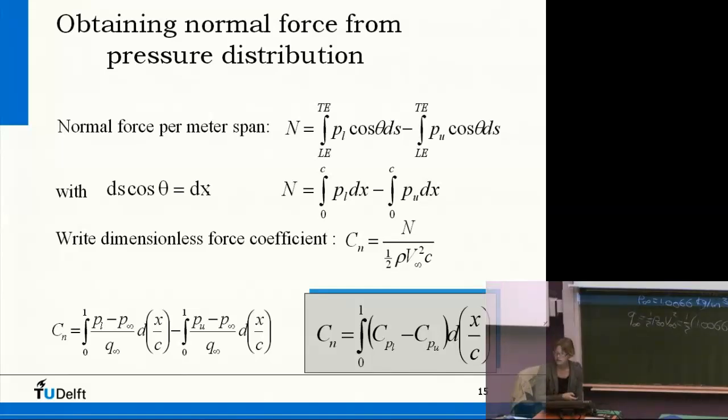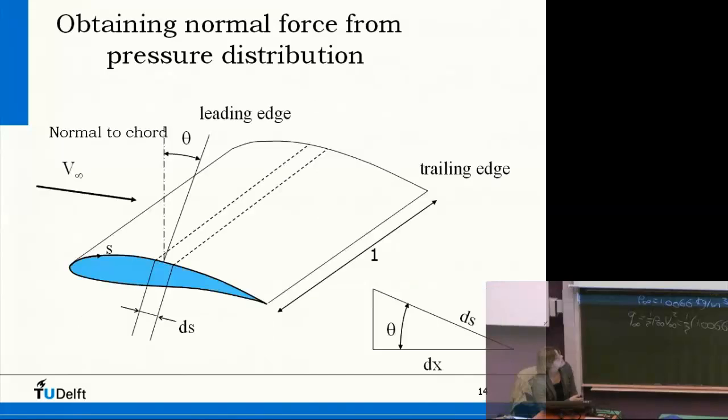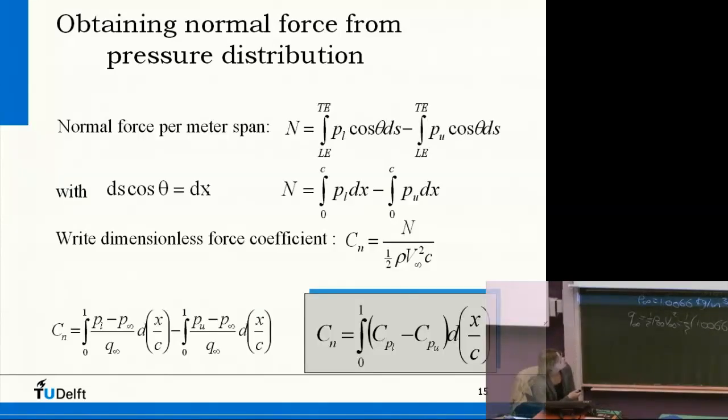So Q times S. Now what is the area here of this thing? Area, any idea? Span times chord. Chord is C, span is 1. So 1 times C, C. So the area is C, so we divide it by half rho V squared C.